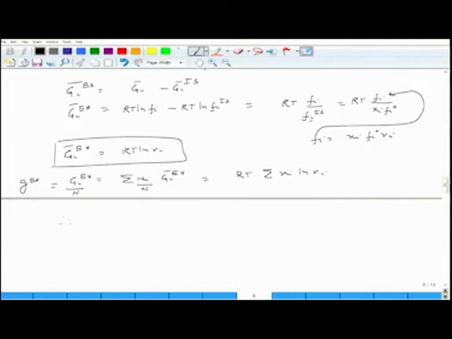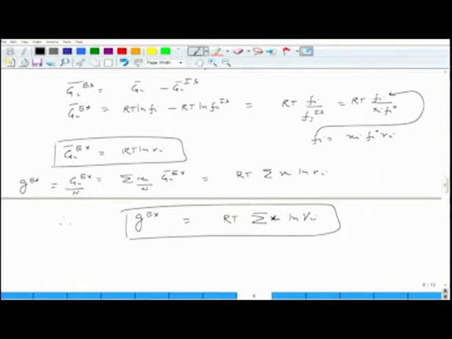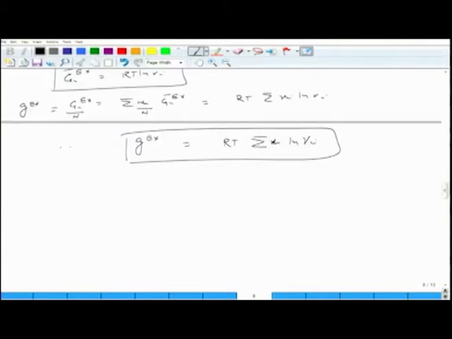So we got an expression of g excess as RT summation x_i ln gamma_i. So now what is the next thing which we can do? We got an expression of molar excess free energy in terms of the activity coefficient.